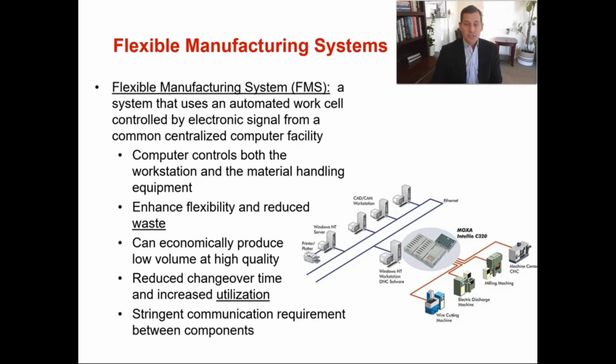Flexible manufacturing systems are great because they bridge the gap between product focus and process focused facilities. And it really helps to reduce waste and improve flexibility, which is why they're called flexible manufacturing systems, because they're super agile and changes can be made quickly. It's all computer controlled and done electronically. So there's very little human interaction in this type of manufacturing system.